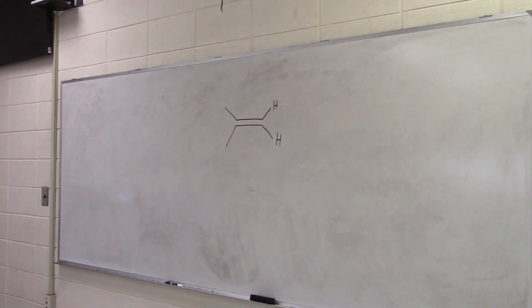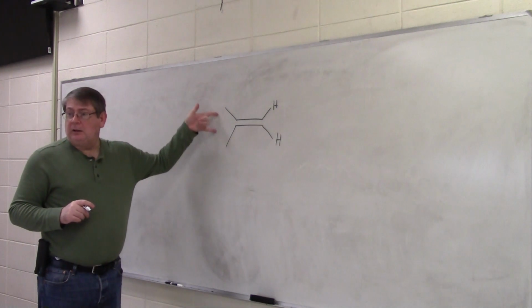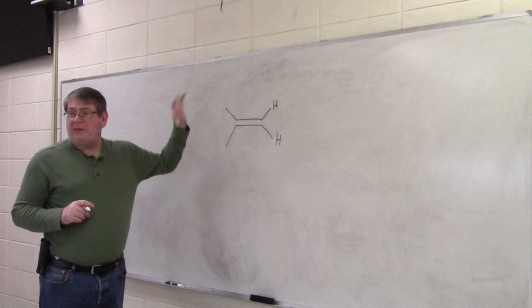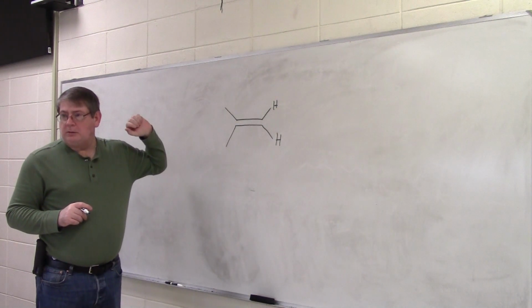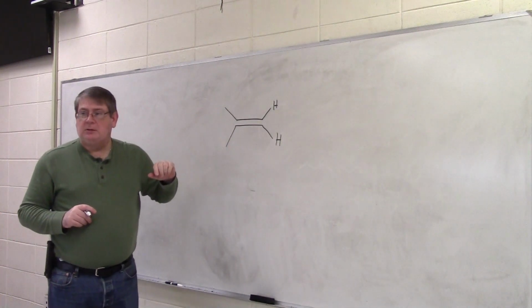So what I've drawn right there, is there even cis or trans? No. I can't determine a difference in priority, can I? No. If I swap these groups, nothing changes, right? If I swap these groups on that carbon, nothing changes, right?